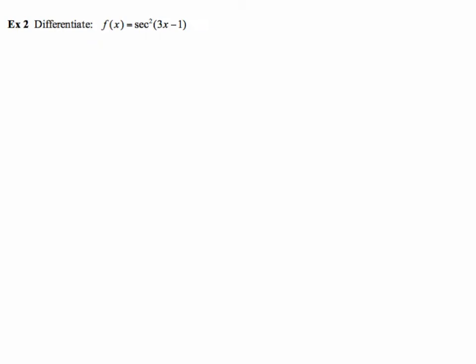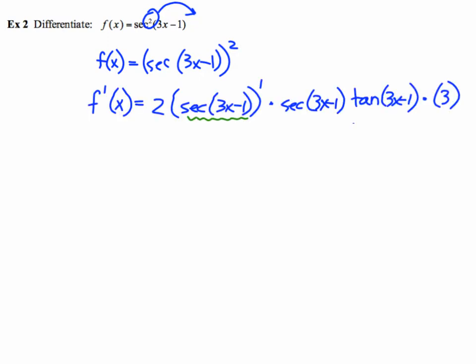In example 2, it says differentiate secant squared of 3x minus 1 in brackets. So remember that since it's secant squared, I can rewrite this as secant bracket 3x minus 1 all squared, and then I'll have to apply the power rule when I take the derivative. So with the power rule, the 2 will come in front, leave secant 3x minus 1, subtract 1 from the exponent, so it's left to the power of 1.